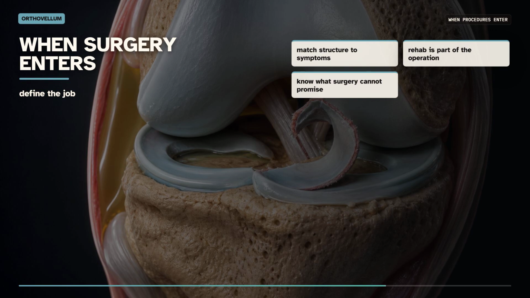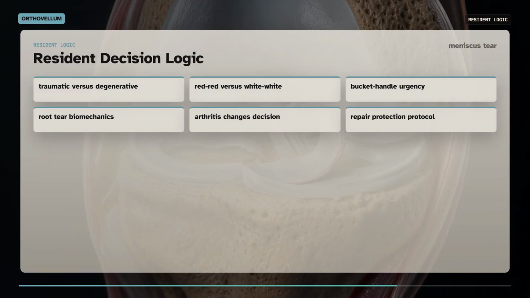The most mature surgical decision is not simply, can we operate? It is whether this operation solves this person's actual problem at an acceptable cost. Resident-level pearls: traumatic versus degenerative, red versus white, bucket handle urgency, root tear biomechanics, arthritis changes decision, repair protection protocol.